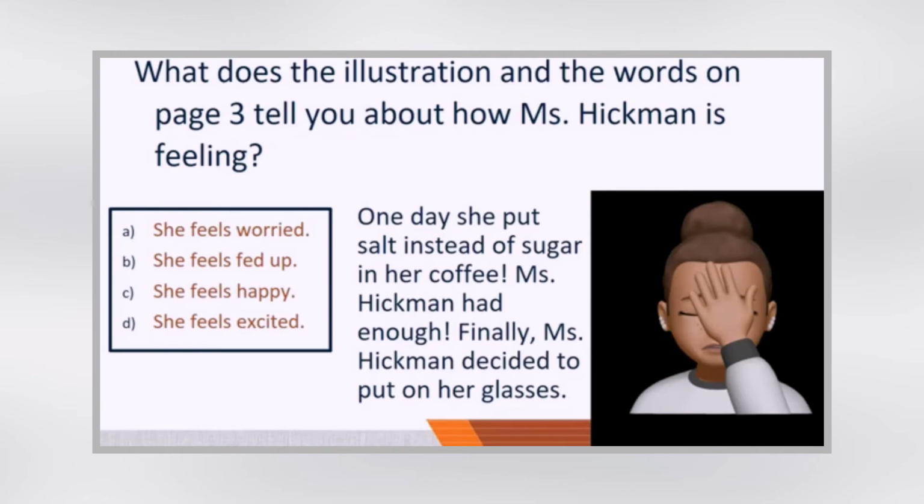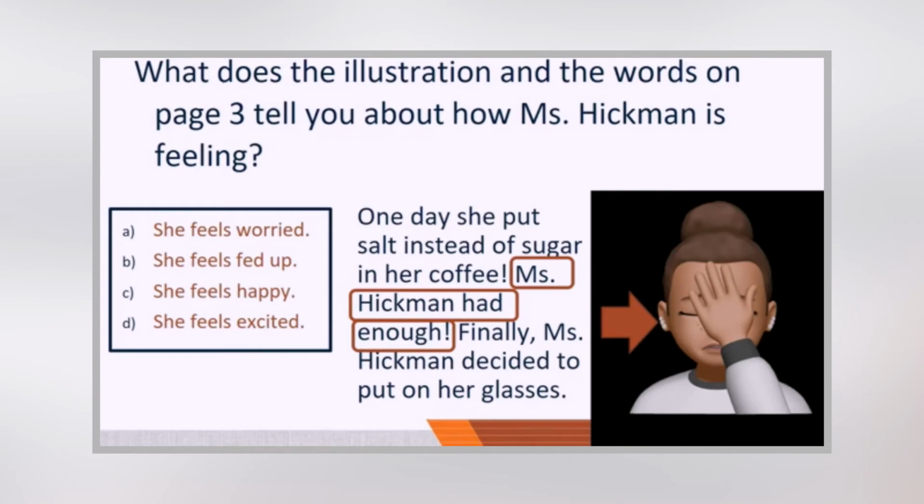If I look at the words, I see that Miss Hickman had enough. What details from the illustration can you see that would help us figure out how Miss Hickman is feeling? When I go back to my illustration, I see her hands on her head and she's frowning.